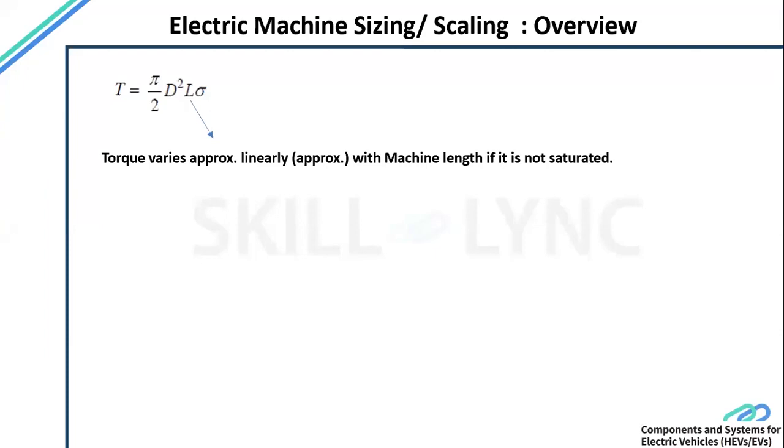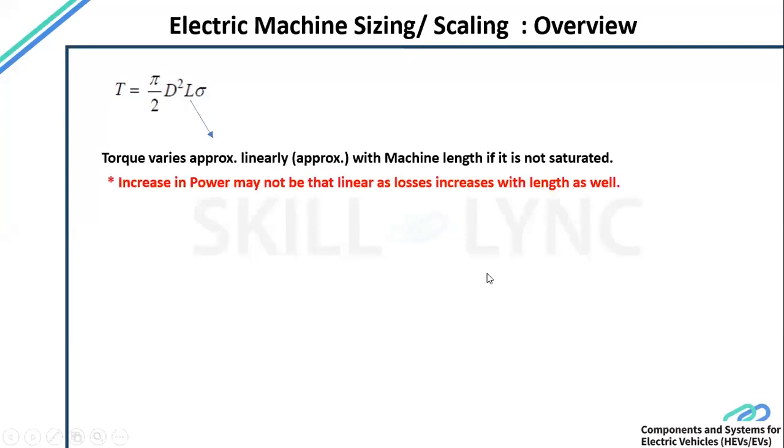The most attractive thing is the length of the machine, and that is where most electric machine manufacturers play with it and give different powers and different torque. That is one key element.